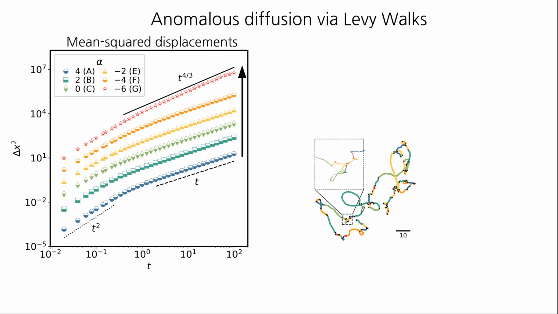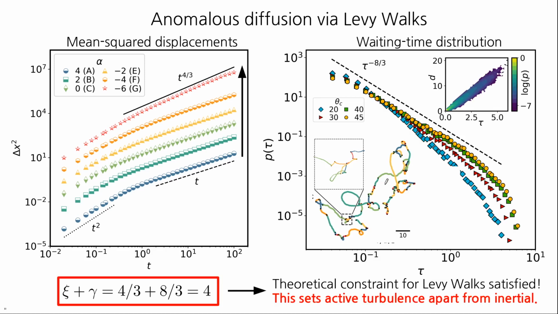Here's one sample trajectory which has been segmented into different walking lengths. The points give you the turns, and between the points is one step. Between two turns, you also have a waiting time. So we look at the distribution of waiting times, and you can do this for different thresholds of the turning angles.